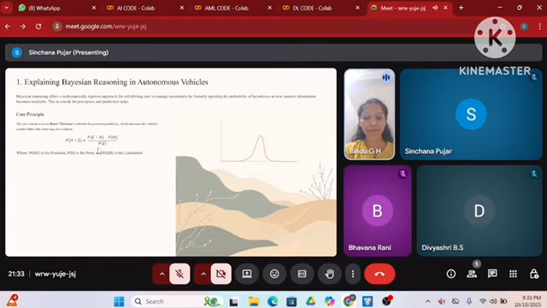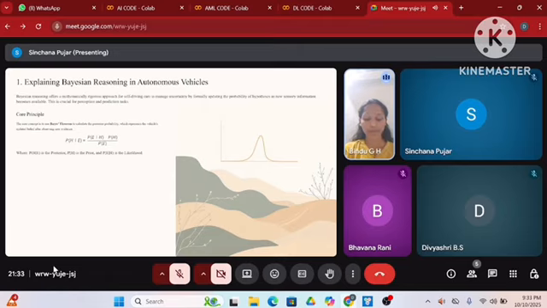Core principle: Bayes' theorem. The formula is P(H|E) = P(E|H) × P(H) / P(E). P(H|E) is the posterior, the updated probability after observing evidence, the new sensor data.